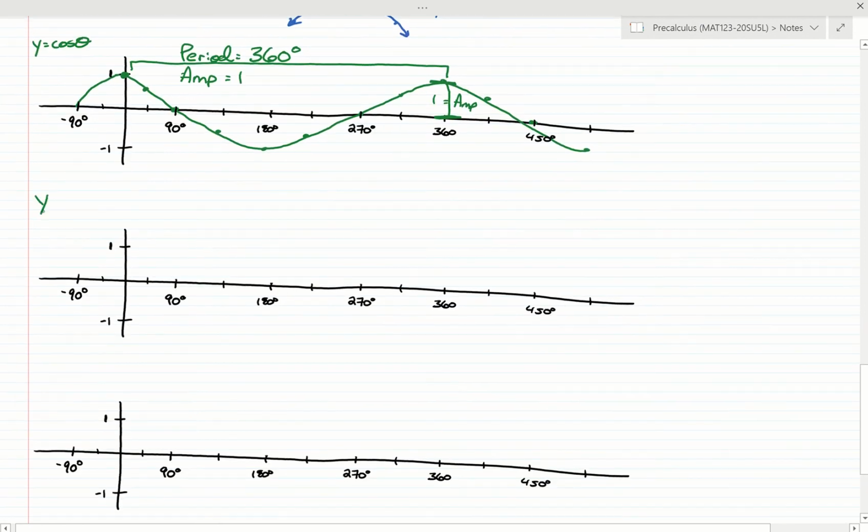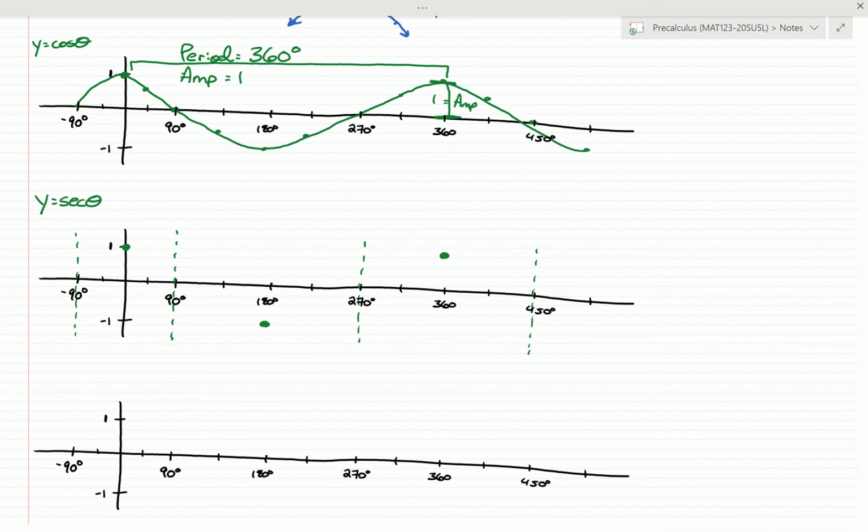Let's graph secant. Now anytime cosine is 0, secant would be undefined. So that happens at 90 degrees. I'm just looking at the graph above. 270 degrees, 450 degrees, 90 degrees. Now cosine of 0 was 1, so the reciprocal is 1. 180 was negative 1. We have 1 at 360. All right, and we also had similar numbers when we were graphing cosecant.